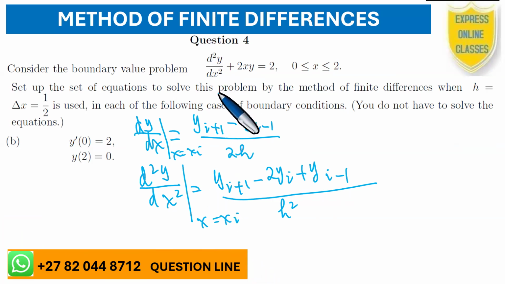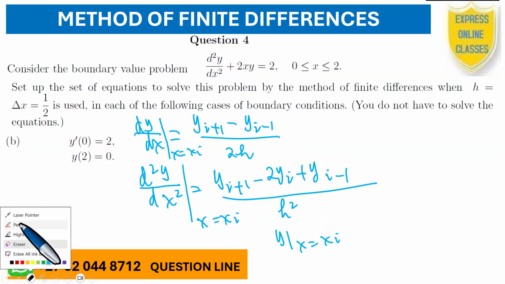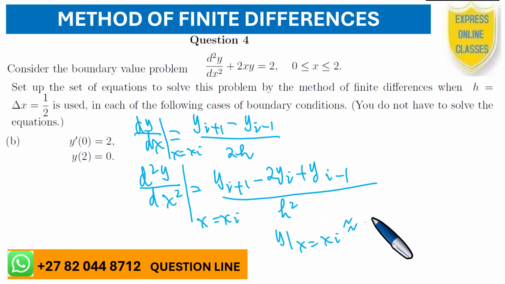Ordinarily, you need to be able to remember these particular two formulas, but also when it comes to the method of finite differences, when you evaluate x at xi, you have yi. Okay, you need to remember these three formulas, because by and large, every paper I've seen centers around this.